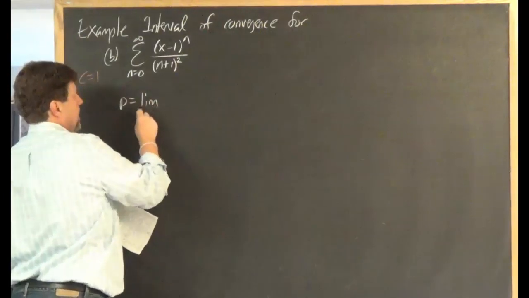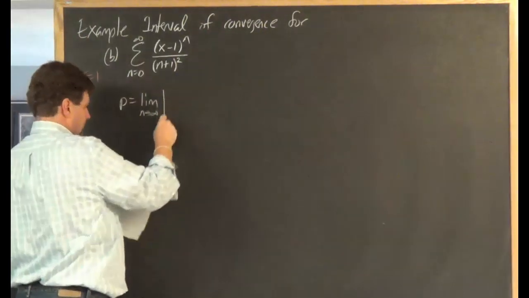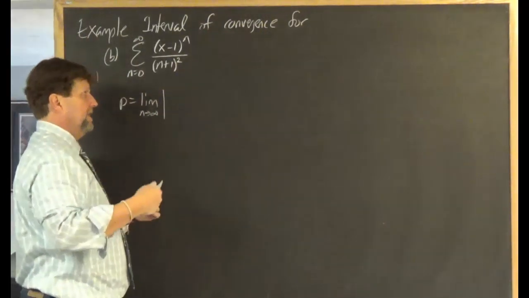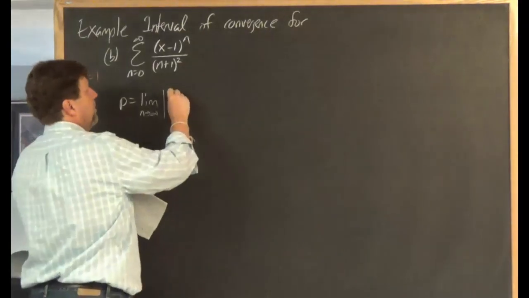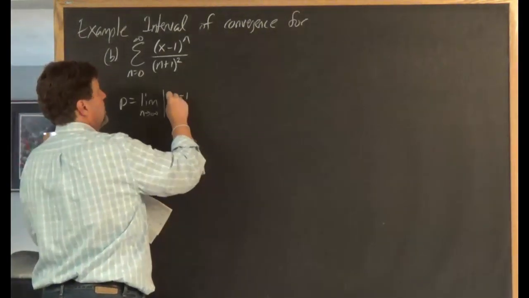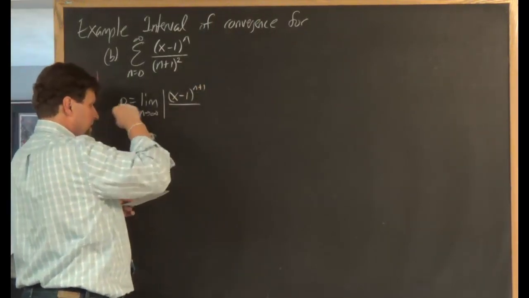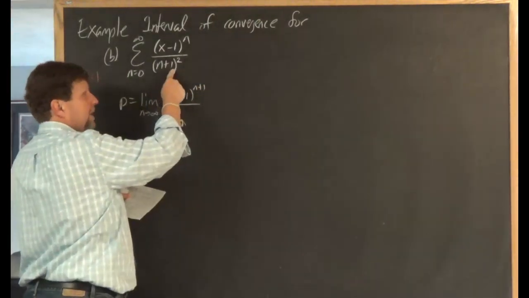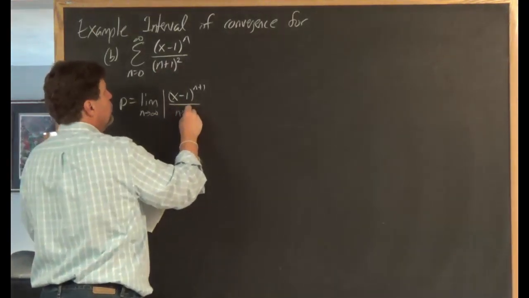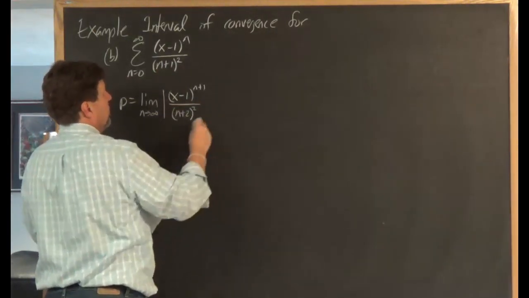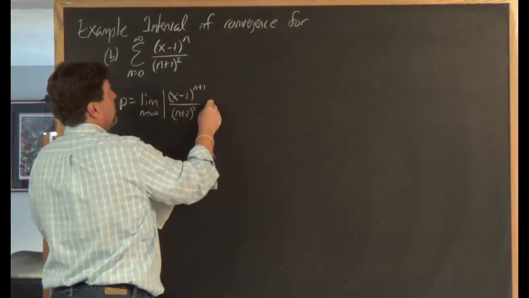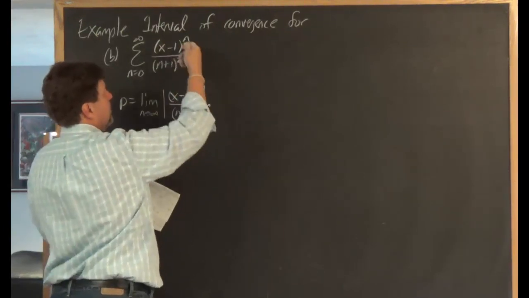So the ratio test, the limit as n goes to infinity. a sub n plus 1 would be (x minus 1) to the n plus 1 over (n plus 2) quantity squared, divided by a sub n, so times the reciprocal.